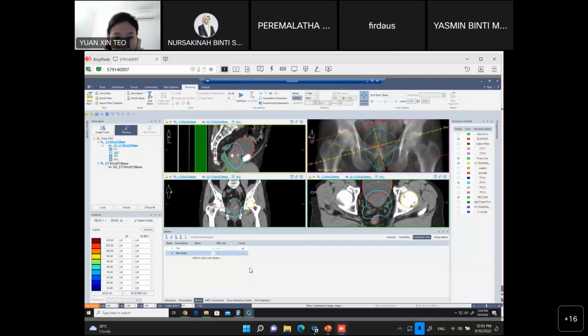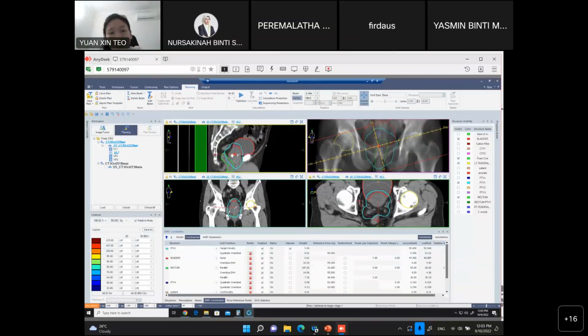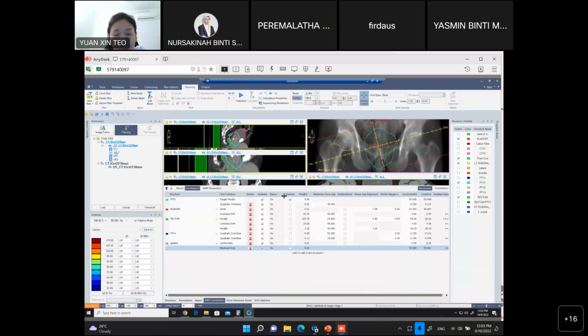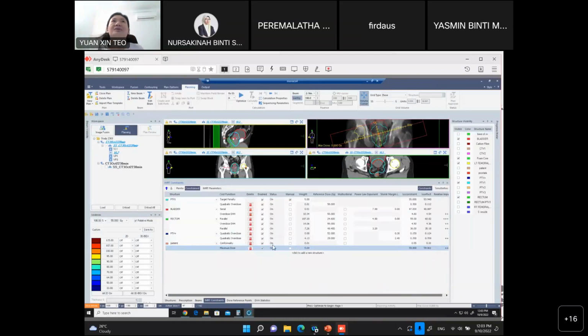So after you key in all the beam parameters and the geometry, now we will go to this IMRT constraint, where, as I mentioned just now, this is all the cost functions we can play around with to tell the computer what we want. So by default, every plan will need a PTV and one OAR.